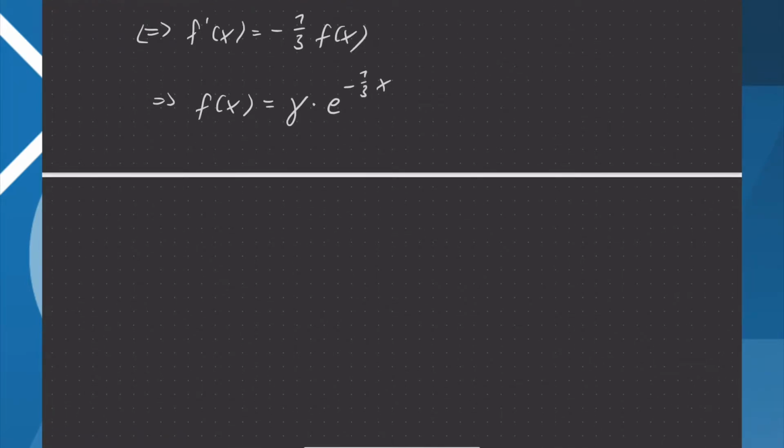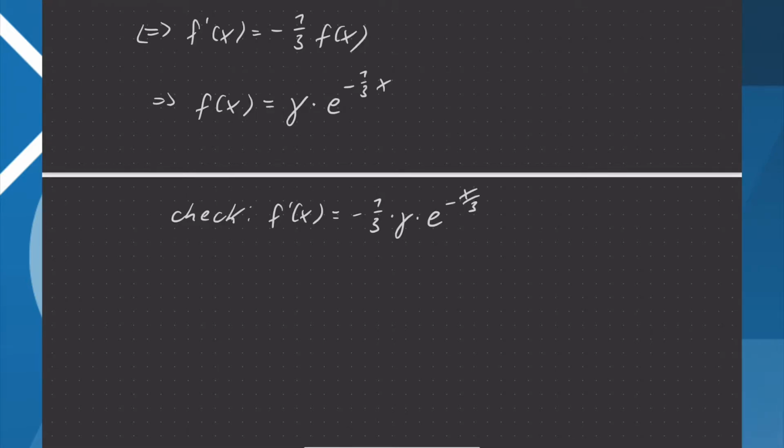Okay, let's quickly check that just to make sure that we did this correctly and compute f prime. F prime of x is minus 1 over 3 times gamma times e to the minus x over 3.